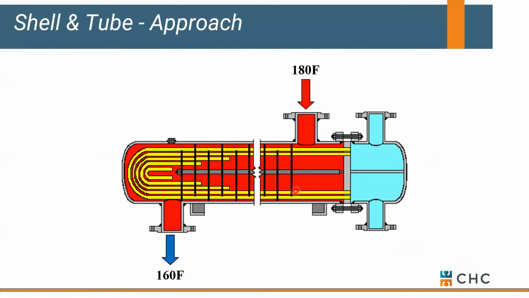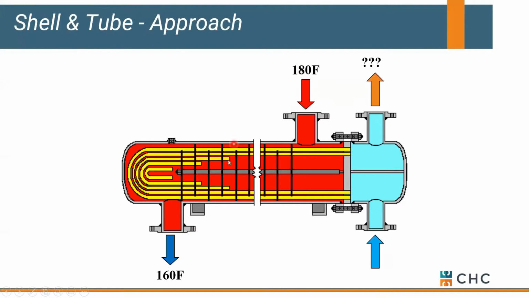Okay, so here's your question for poll number 2, and I'll give you just a minute to think about this. Now I'm changing it up on you. I went from a steam to water application to a water to water application. And you'll notice that the connection sizes are the same, entering and leaving on the shell side. And all we're doing here is we're taking hot boiler water and we're circulating it through what we call baffles.